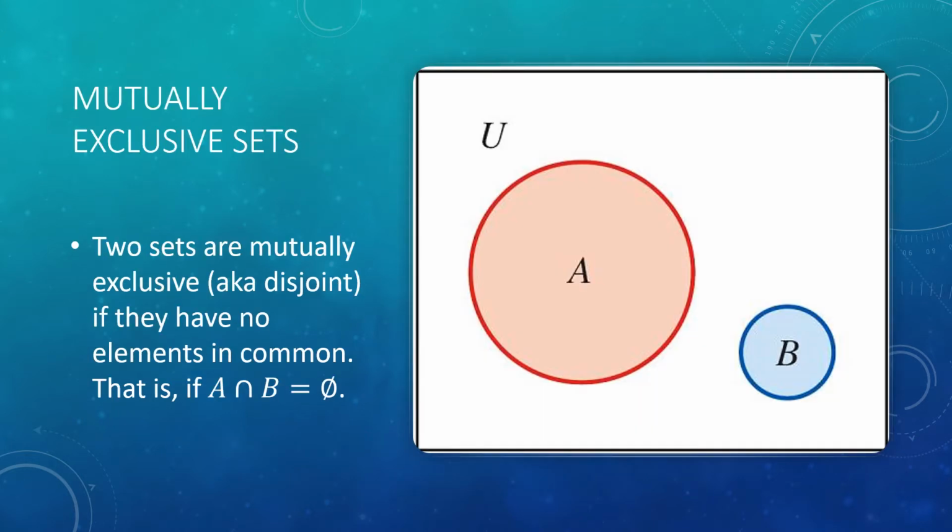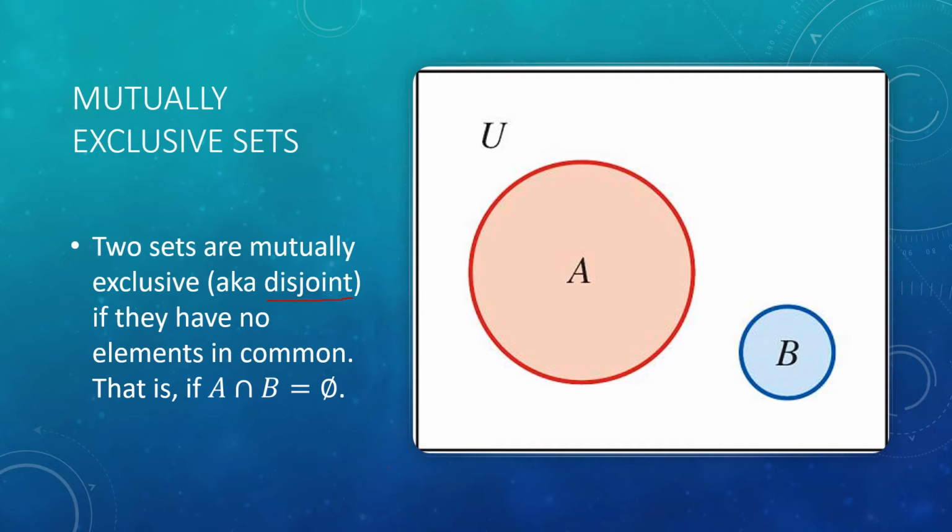Here we have a Venn diagram illustrating mutually exclusive sets. Just notice that they have no overlap, so they don't touch at all. They have no elements in common. Once again, sometimes your book will call mutually exclusive sets disjoint sets. Those mean the same thing. So you could say two sets are mutually exclusive or disjoint if they have no elements in common.